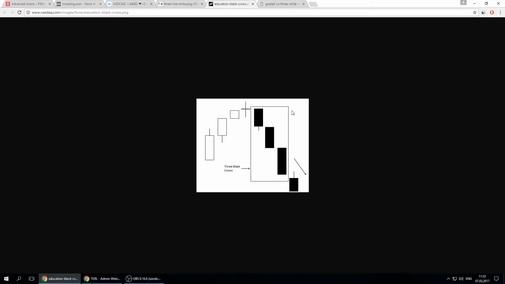They should have common features. Each candle in this pattern should have a relatively long bearish body, and each candle should close near the end or within the body of the previous candle.